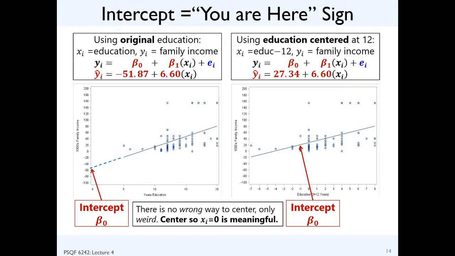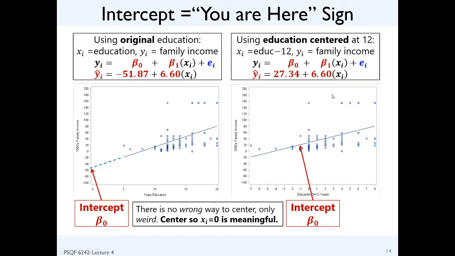Now my "you are here" sign, my fixed intercept, is for somebody with a high school degree. Their expected income in thousands is like 27,000. From there, the slope is the same, but what it's in reference to now has meaning in relation to the rest of the data. So it's an interpretation issue to have a reasonable intercept.